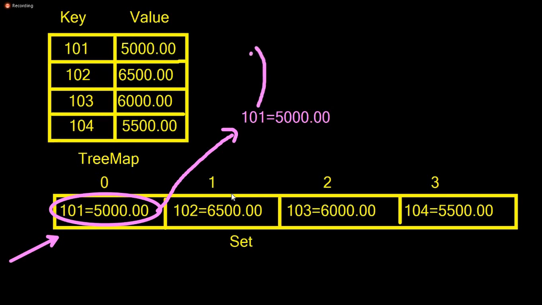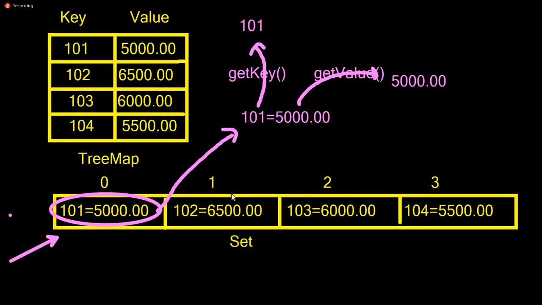Then I'll call the getKey method and the getValue method. Here getKey, here getValue. getKey gives 101, getValue gives 5000. The cursor comes here.